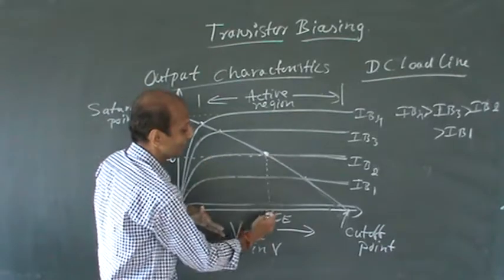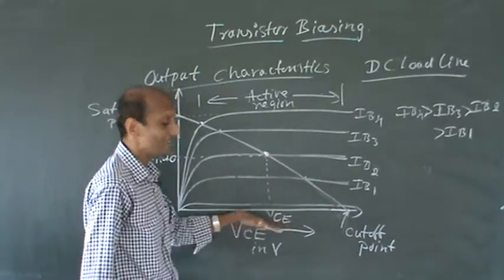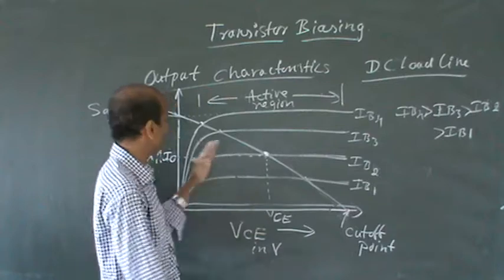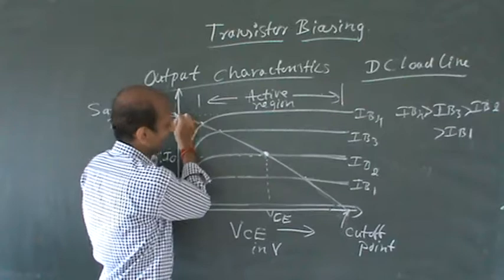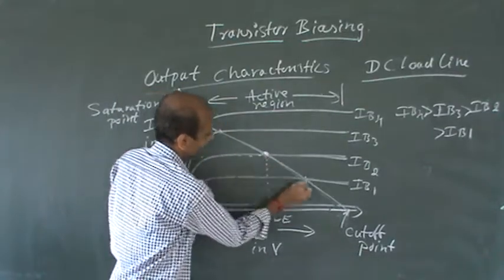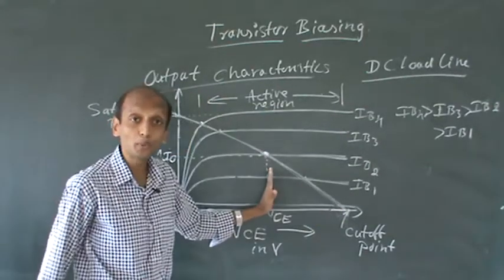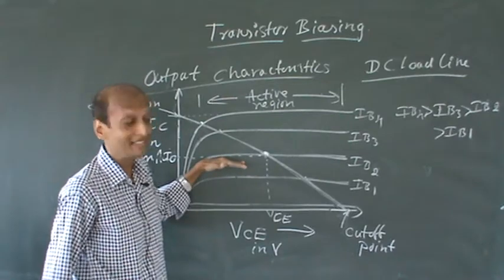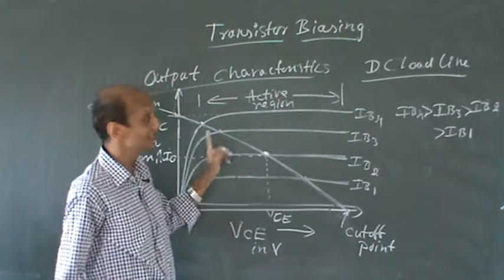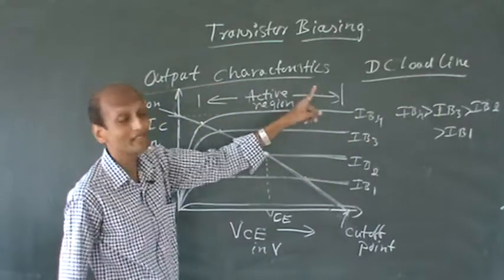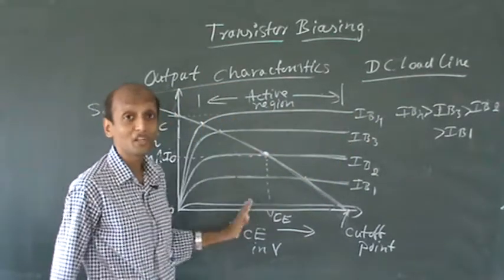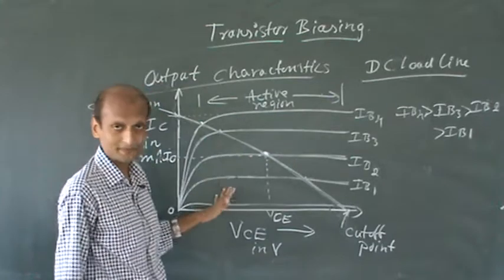So for different output voltages, we have different output currents, represented by this straight line. This line is called the DC load line, which is found in the output graph of your transistor.